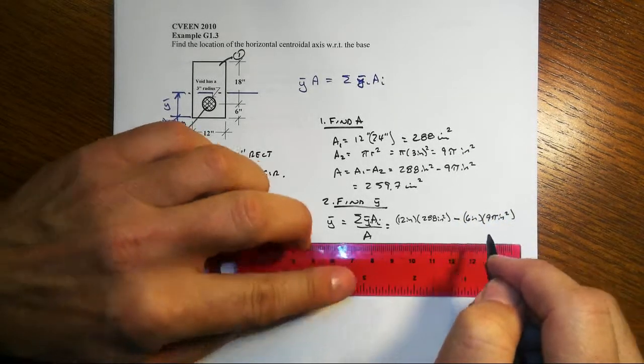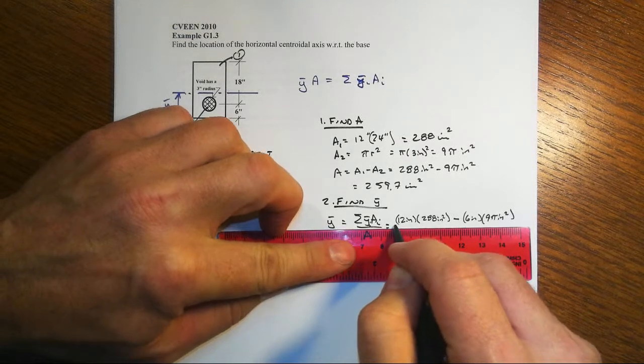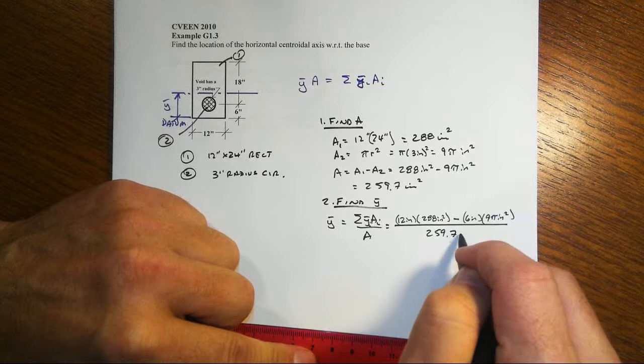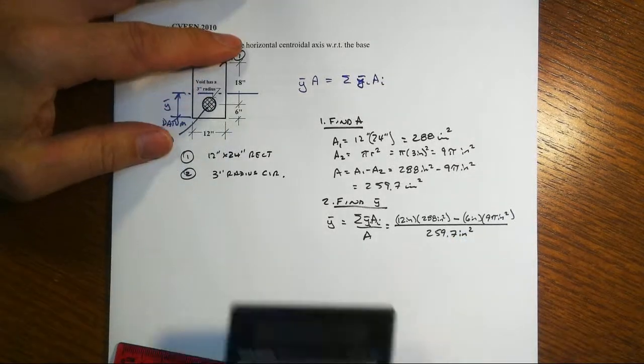That minus is critical. We're removing that part, and then dividing by the whole area, 259.7 square inches.